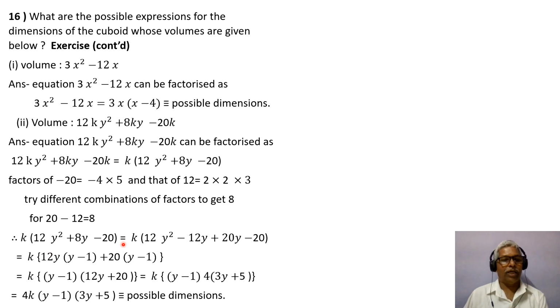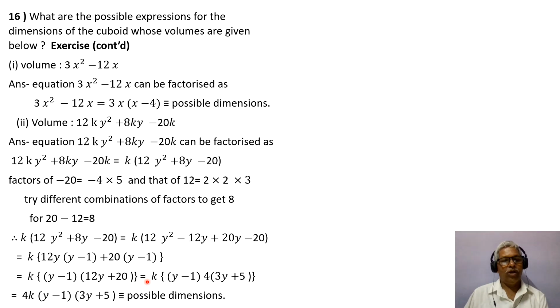This is equal to k into the bracket 12y square minus 12y plus 20y minus 20. I am writing minus 12y first and then plus 20y to get a common term. Now k into another bracket: 12y common, and what is left in the bracket is y minus 1, and plus 20 common from this, y minus 1. Now again y minus 1 common, and what we are left with is 12y plus 20.